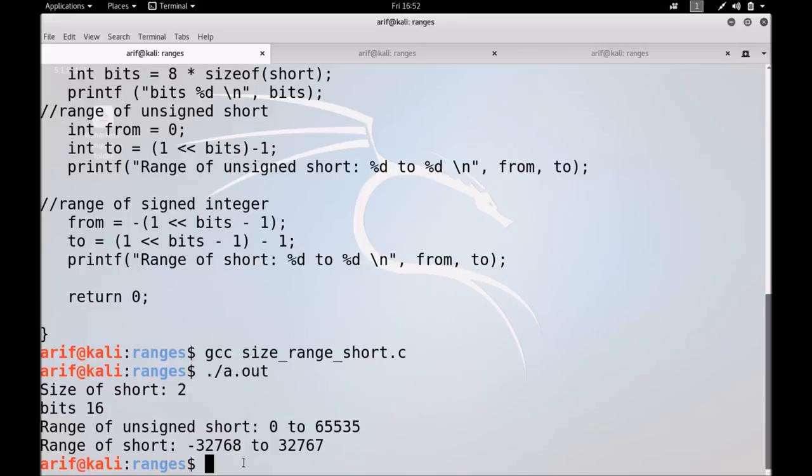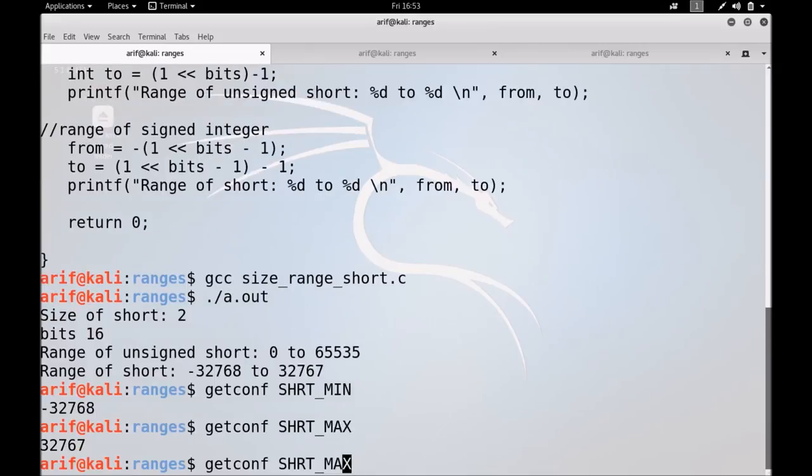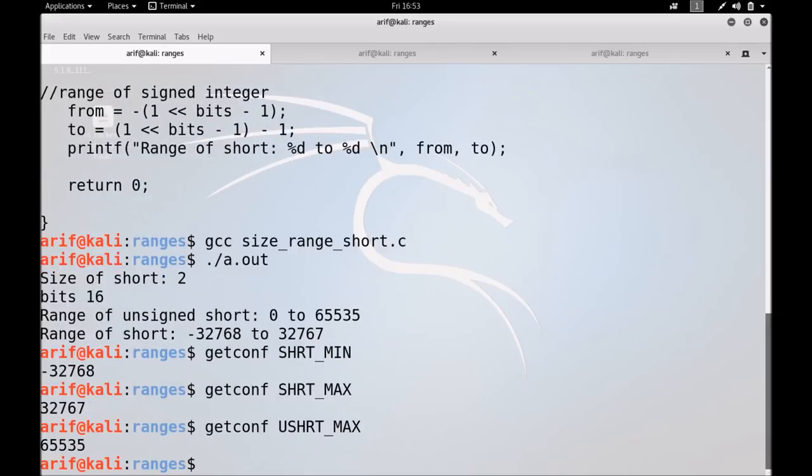Let's check out the same with the getconf command: SHRT_MIN, SHRT_MAX and USHRT_MAX. So these are the same values. Using the same left shift technique, you can compute the range for all the integral data types in the same fashion.